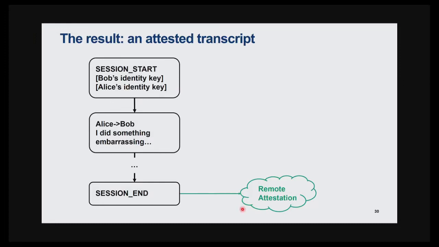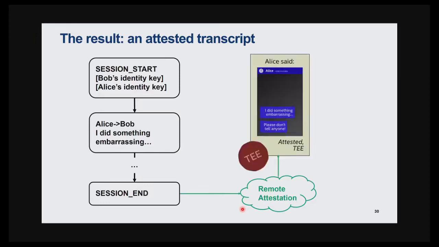And now someone who looks at this transcript and who can verify the remote attestation can say, well, I know that this is a Signal client. I know that this came from Alice as identified by her identity key, and that she said something incriminating, or I did something embarrassing, or whatever.